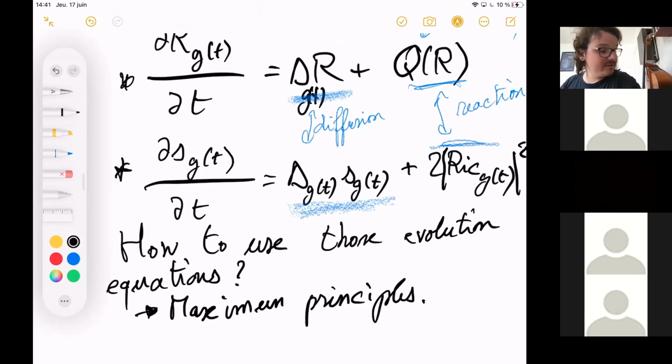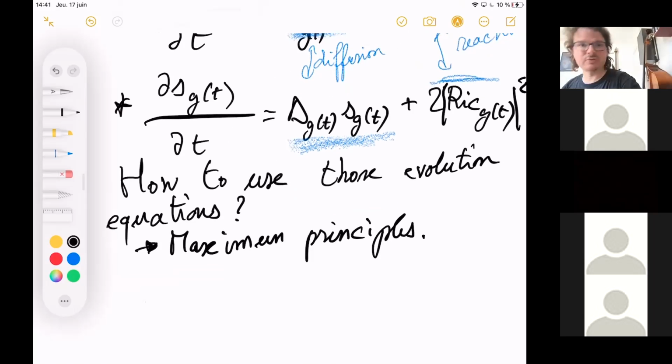And maybe let's do a simple application of that, which might come up in some talks or lectures afterwards, and which has nothing to do with Ricci flow at first sight. So let's prove the following proposition.